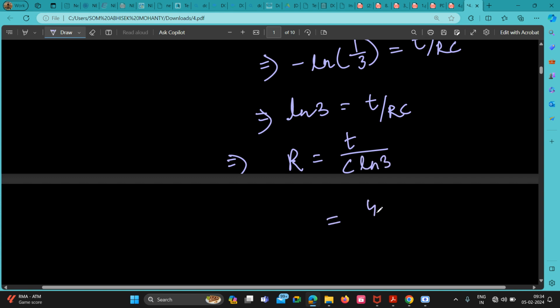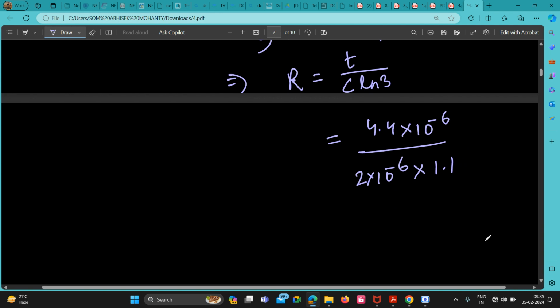Now t is 4.4 microseconds and C is 2 microfarad, into ln 3. What is ln 3? The ln 3 value is 1.1. Remember that 1.1.